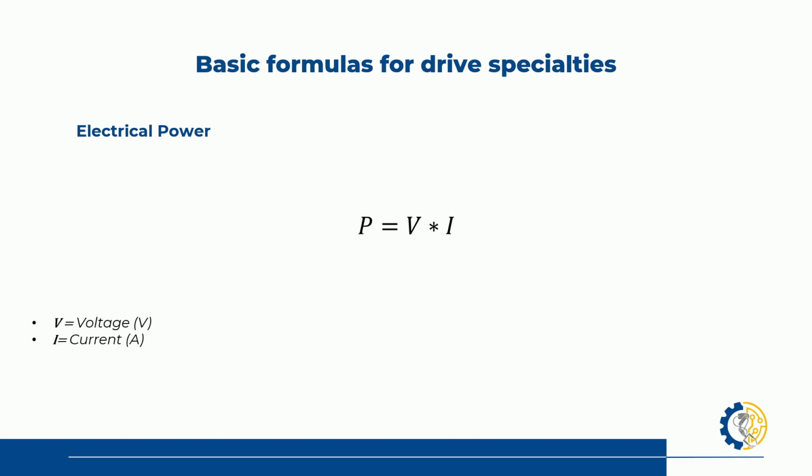So voltage is measured in volts. And this is important because once we remove all the elements, we're going to be able to calculate with our mind. Okay? So potency, remember that its units are in watts. So voltage times current.